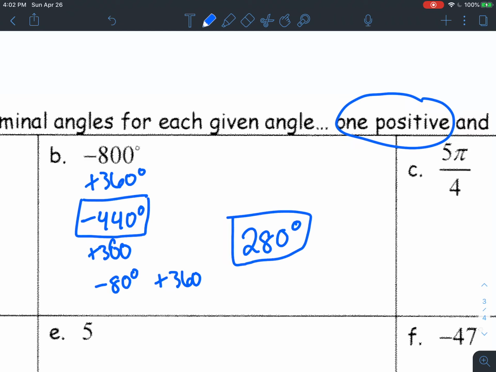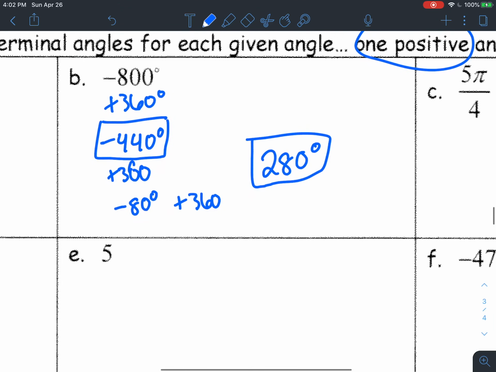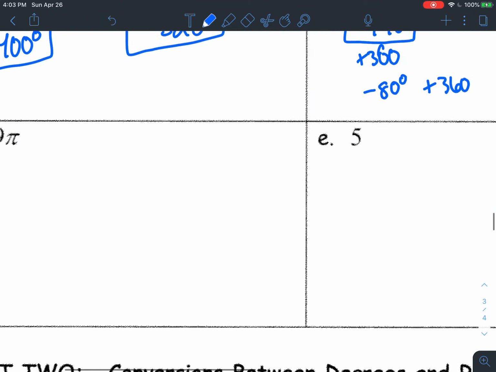So that's just one little wrinkle to it. Just be aware of that. Sometimes you might have to add 360, or if it's a really, really big positive number, you might have to subtract 360 a bunch of times before you get a positive and a negative.